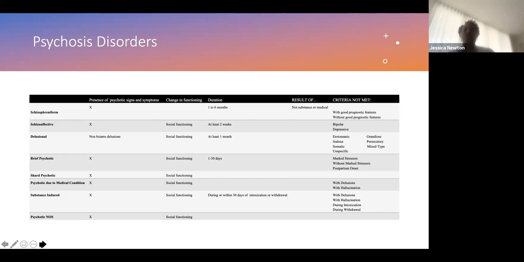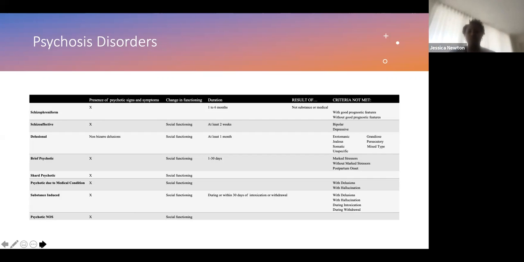So as we had just discussed, with bipolar, when we look at the presence of psychosis plus the presence of mood, and if we have the presence of both anxiety and depression, immediately that's schizoaffective, because that is bipolar, depressive. 2 weeks we're looking at for schizoaffective. Schizophreniform is a shorter time period.